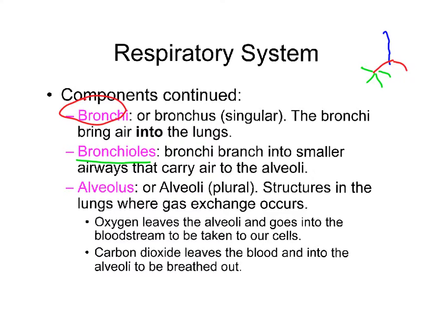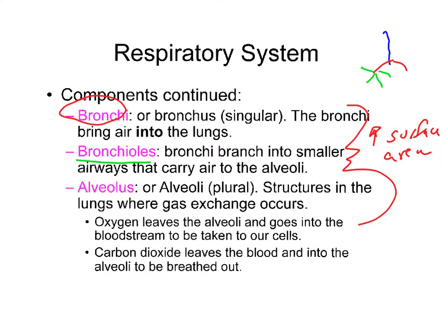And so these structures are important because they increase surface area, which is really beneficial to the structures within our lungs, which allow that air to spread out for more exchange.